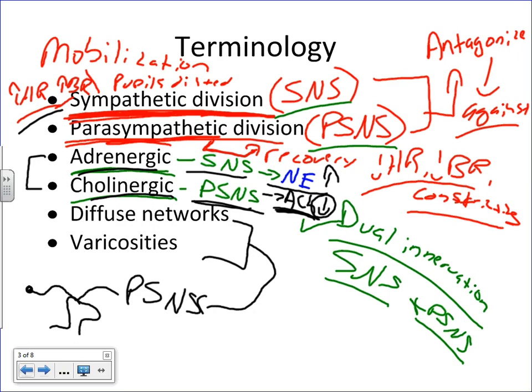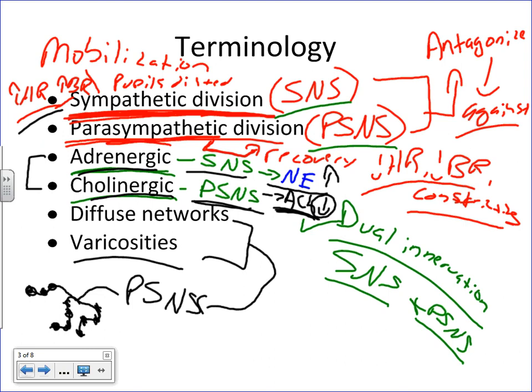All along these diffuse branches, there are bulbous, button-like structures, boutons, that store the neurotransmitters to be released, and those are what we call varicosities. You'll see that again later when I talk about the neurotransmitters. But this is some good terminology to get acquainted with when it comes to understanding the role the nervous system plays in our body.